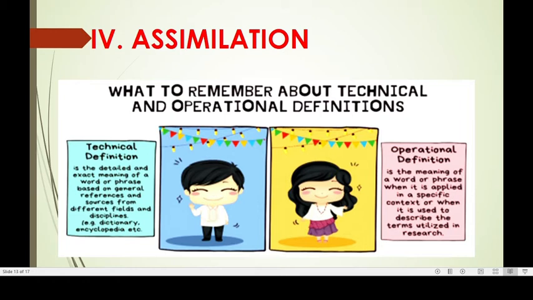For example, dictionary, encyclopedia, etc. On the other hand, operational definition is the meaning of a word or phrase when it is applied in a specific context or when it is used to describe the terms utilized in research.